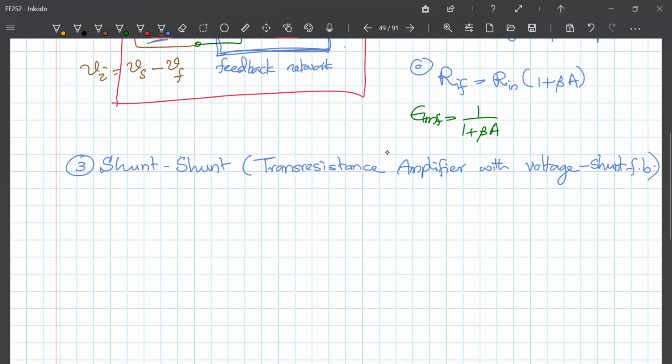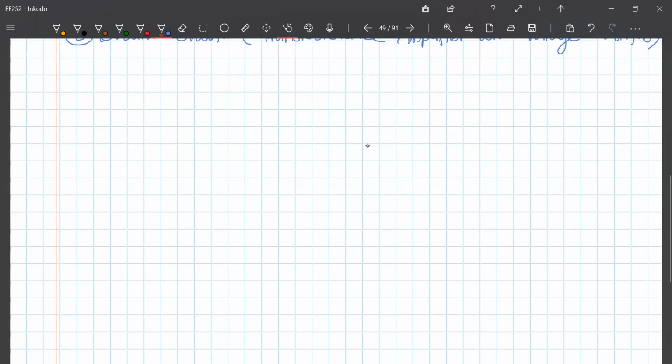Okay, so again let me draw the basic amplifier. The basic amplifier is a transresistance amplifier, meaning that you convert a current into a voltage because the gain is a resistance, right?